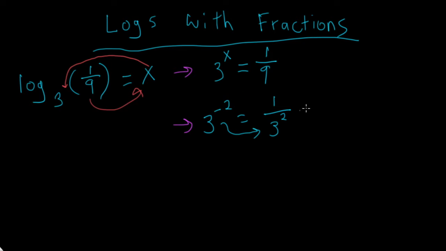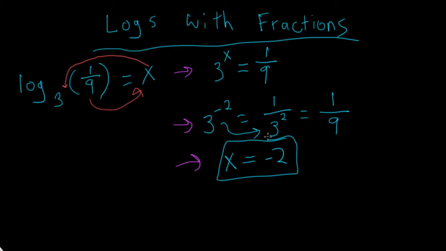So then we have 1/3 squared, which is equal to 1/9. All right, so that means our answer will be x equals -2. As a general rule, when you have logs with fractions, you're going to get negative answers.